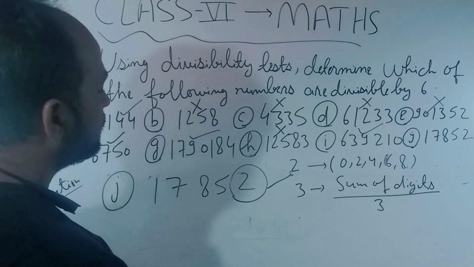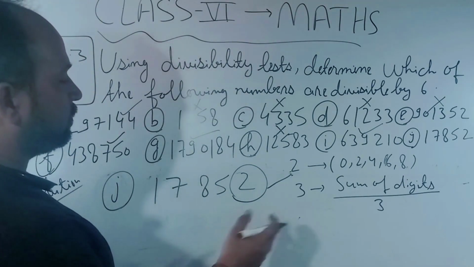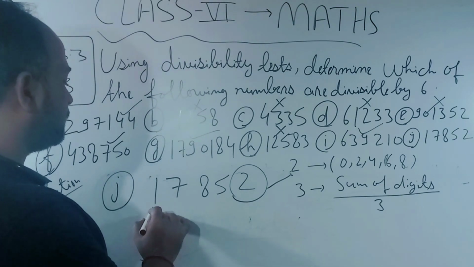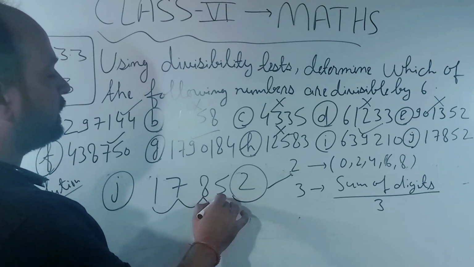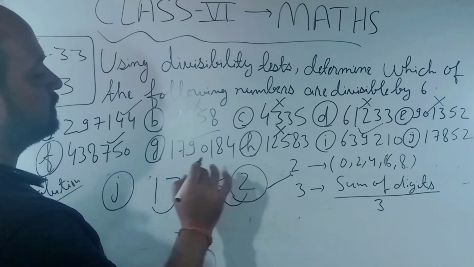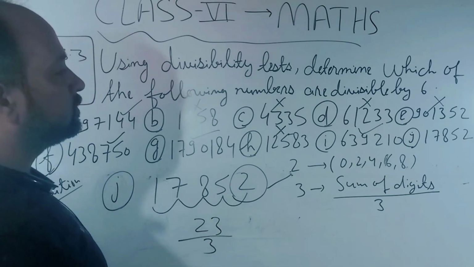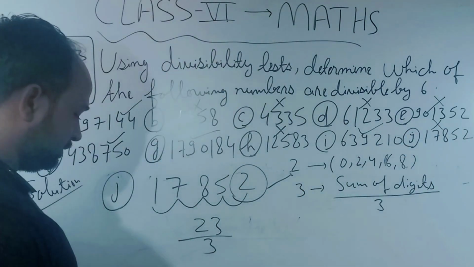So we will say this number is divisible by 2. Now we will check for 3, so we will add all the digits. 1 plus 7 is 8, 8 plus 8 is 16, 16 plus 5 is 21, 21 plus 2 is 23, and 23 cannot be divided by 3. So we will say this number will also not be divisible by 6.